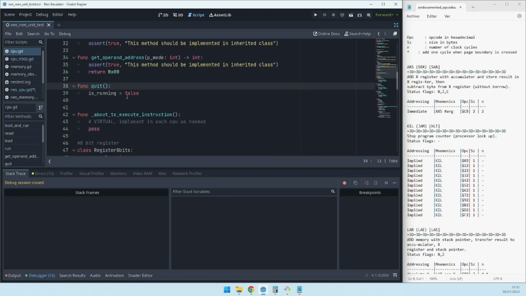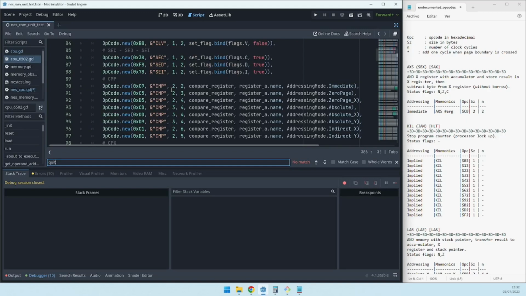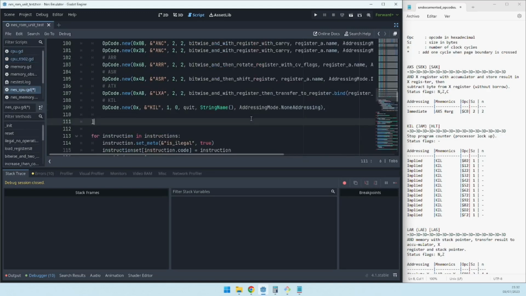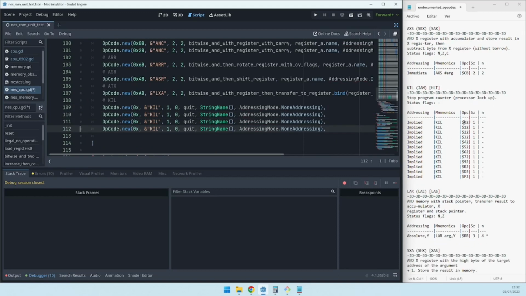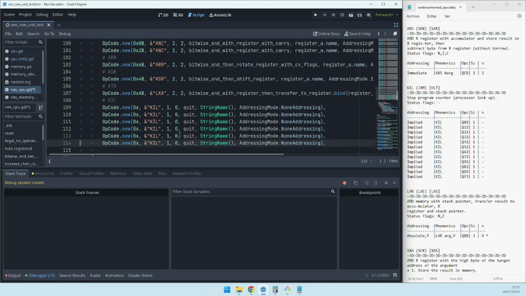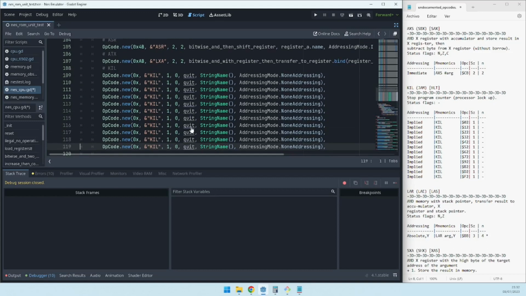Is running equals false. Did I re-implement it somewhere? No. Okay, so this one seems right. So it was 1, 2, 3, 4, 5, 6, 7, 8, 9, 10, 11, 12.